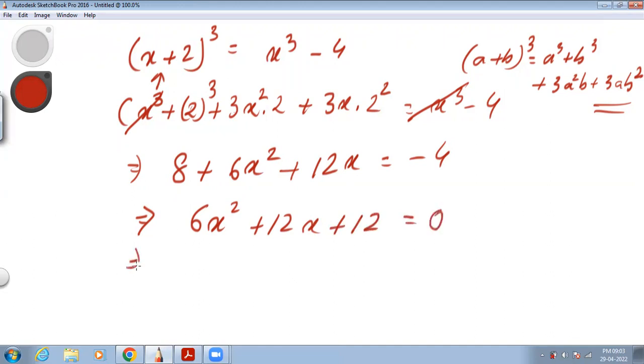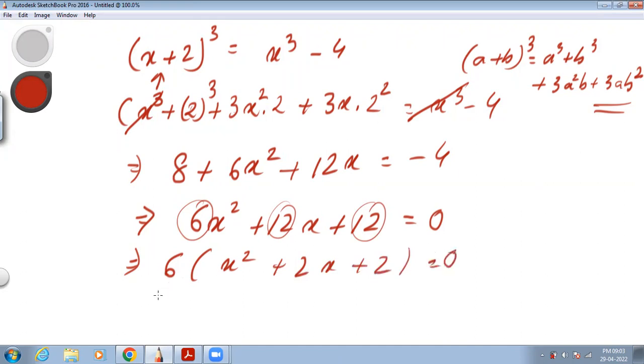Now you can also simplify it further. Can you see? There is a common factor. These are all multiples of 6, so I can take 6 common out. So this becomes x square plus 2x plus 2 equals 0.